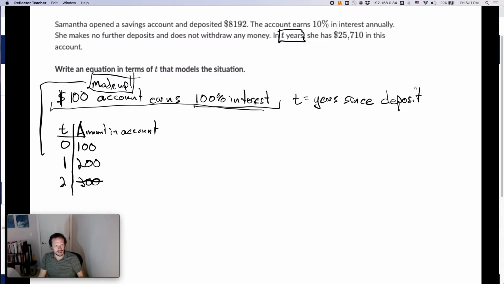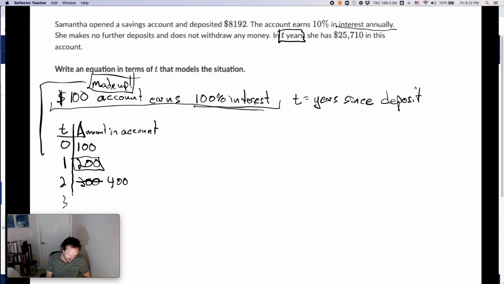You might as well take it out, right? Or take out 100 of it. So they're going to pay you interest on the full 200. That's what this annual interest means. You're now earning interest on this, so not 300, but rather 400. 100% of 200 is 200.